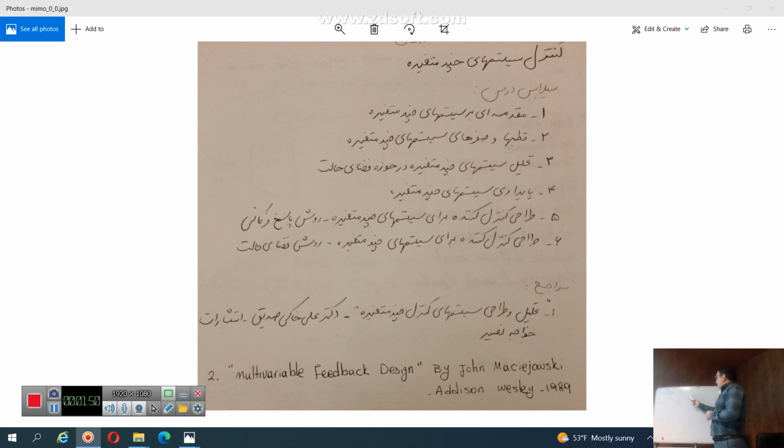I think, for example, this is minus 2 and minus 3 is pole of the system. Yes, pole of the transfer function. This is the system: S plus 1, S plus 2, S plus 3. Yes?